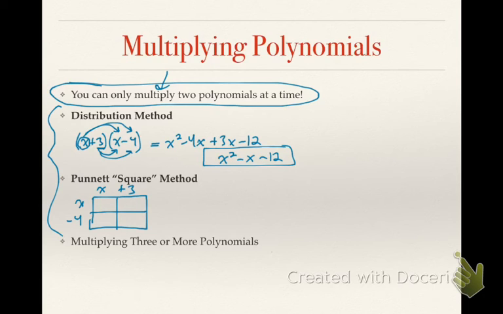And you just multiply it like any multiplication table. X times x makes x squared. 3 times x makes 3x. Negative 4 times x makes negative 4x. And then negative 4 times 3 makes negative 12. And you combine like terms like you did with the distribution. Then you have x squared minus x minus 12.